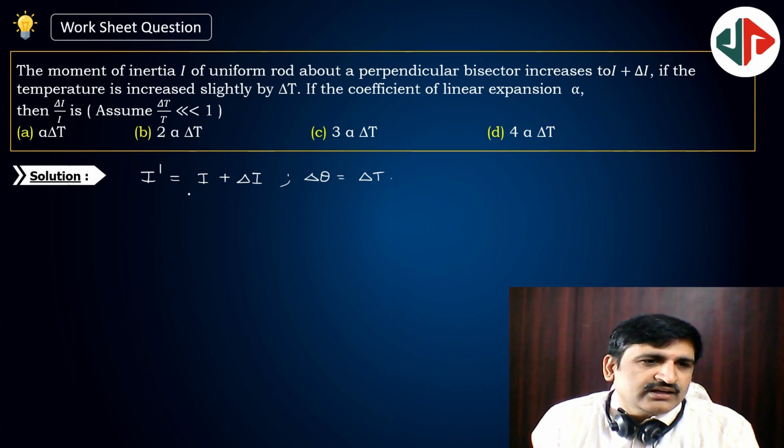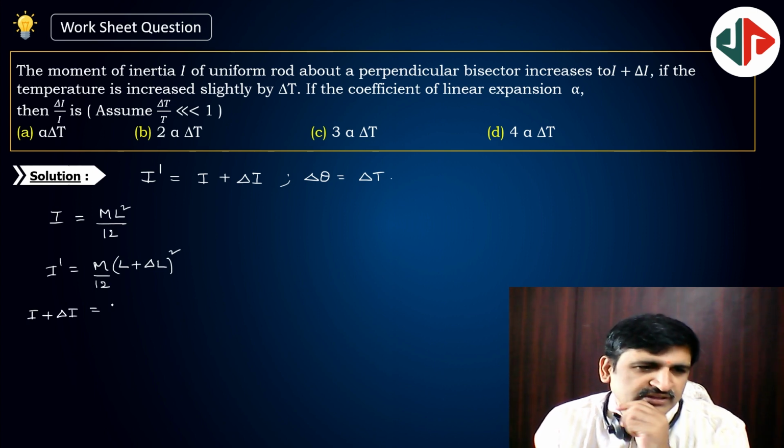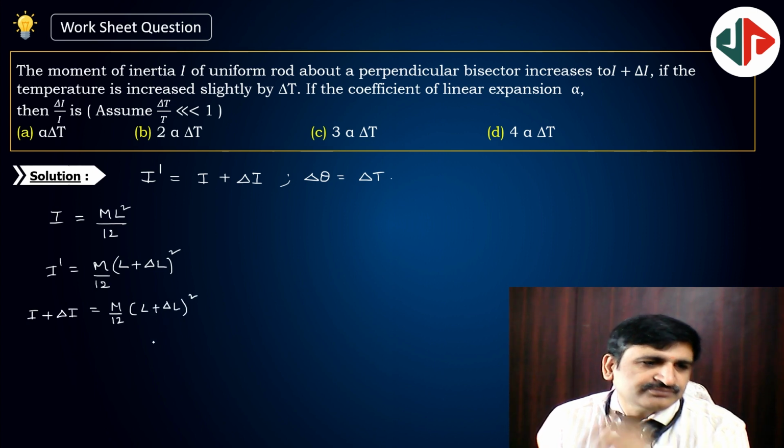Now here, I is equal to the moment of inertia of the rod, which is ml square by 12. So I dash is equal to m into l plus delta l whole square by 12, and I dash is I plus delta I, equal to m by 12 into l plus delta l whole square.